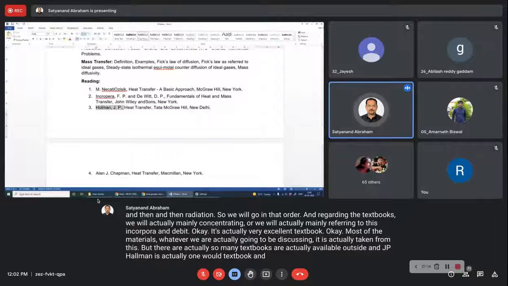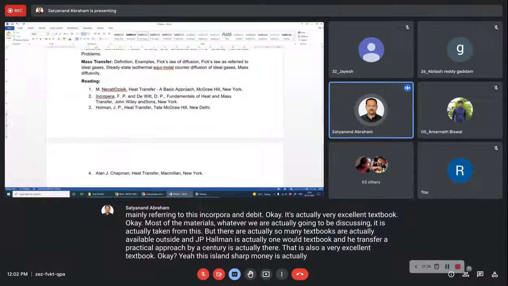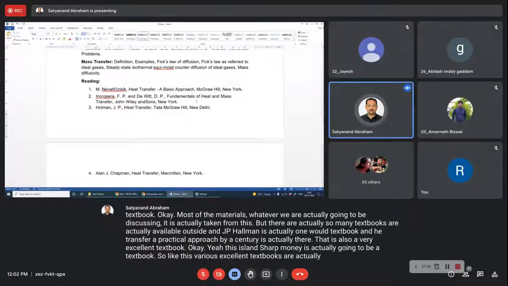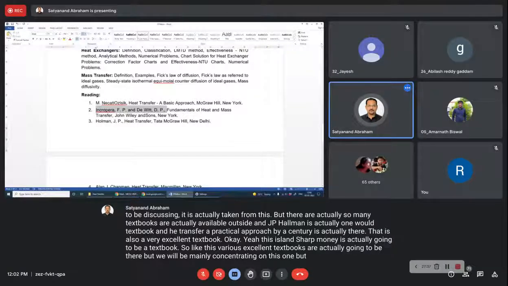Heat Transfer: A Practical Approach by Cengel is also a very excellent textbook. Yahya Chapman is also going to be a textbook. Like this, various excellent textbooks are there, but we will be mainly concentrating on this one. But you can refer to any of the textbooks.